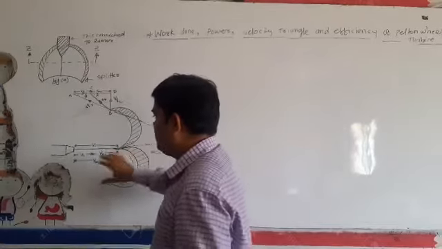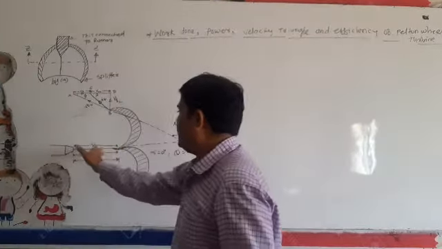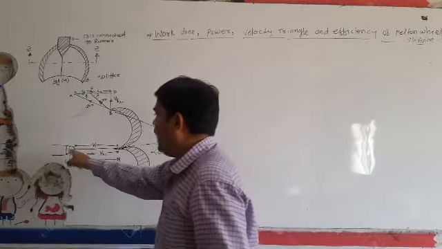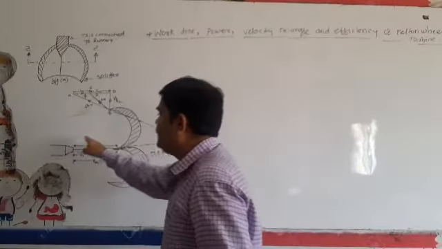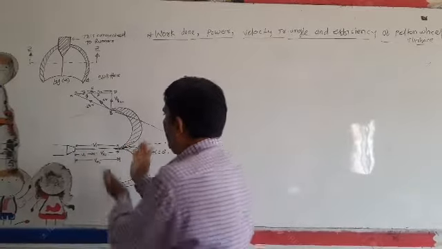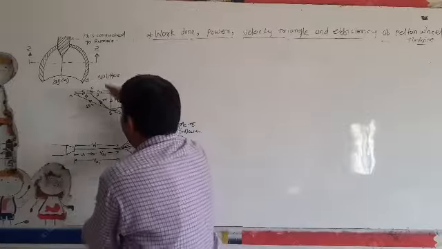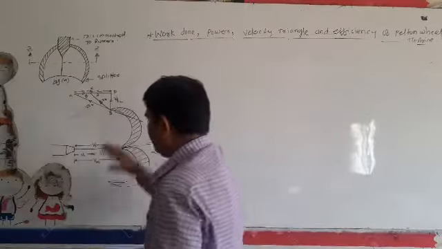From the nozzle, the impact jet strikes on the splitter, and this is the initial velocity triangle, and it splits and passes away from the outer edge like this.